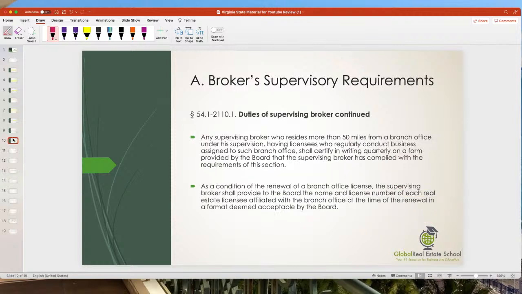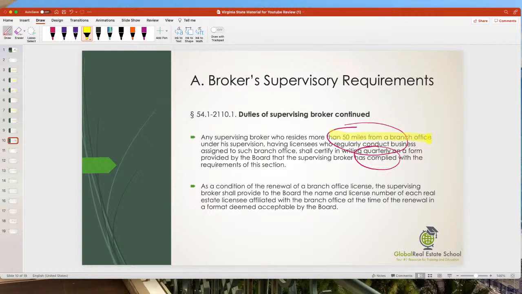Now, any supervising broker who resides more than 50 miles from the branch office, and again, this could be an exam question, having licensees who regularly conduct business assigned to such a branch office, shall certify in writing quarterly, circa another, we'll highlight those as well.